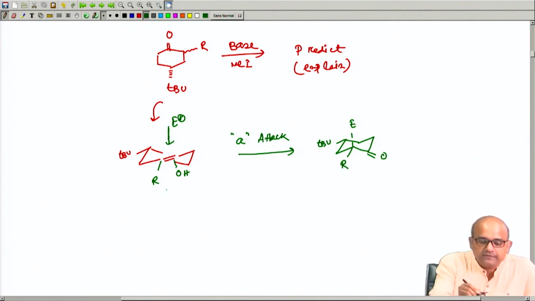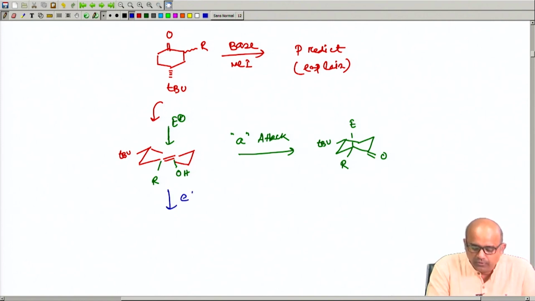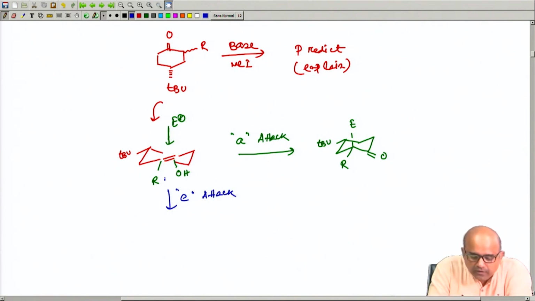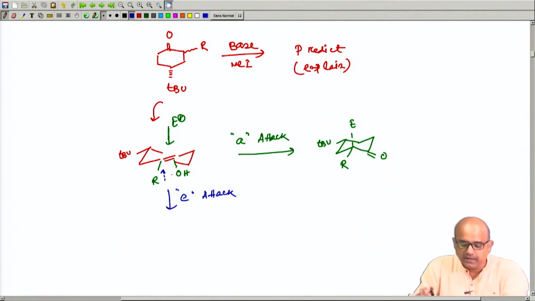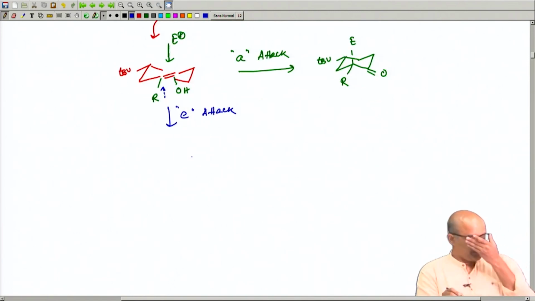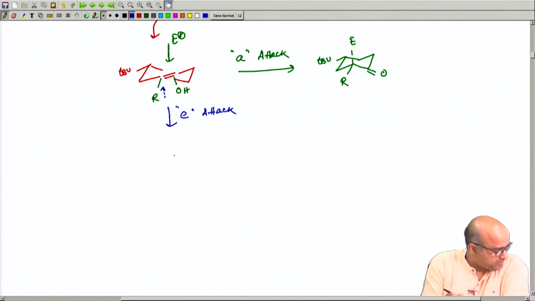Now, here you might say that I will have an equatorial attack which might also be operating. Now, for this equatorial attack it has to be attacked this way. For the equatorial attack we will draw the transition state in a different way, and the moment it attacks, it will have to go through a twist boat like transition state.